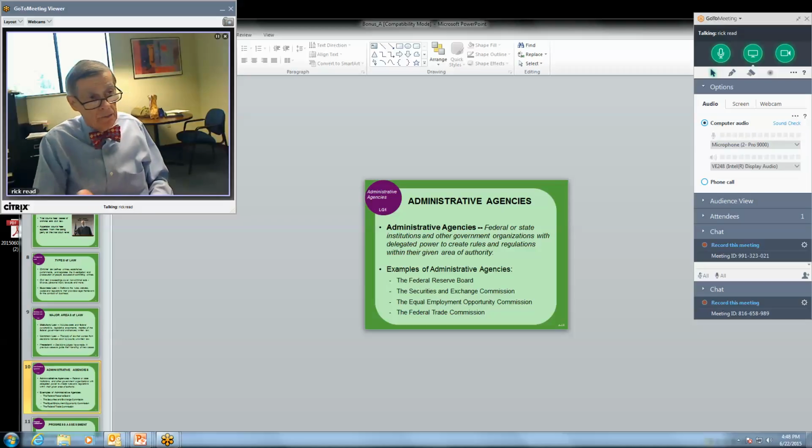So we have to remember when we start complaining about the IRS, our original complaint should go to the United States Congress. And after all, the IRS is actually going out and making sure people pay the taxes that they're supposed to pay, and then bringing money into the federal government so the federal government can do the things that it's supposed to do. So we have to be careful when we talk about things like that.